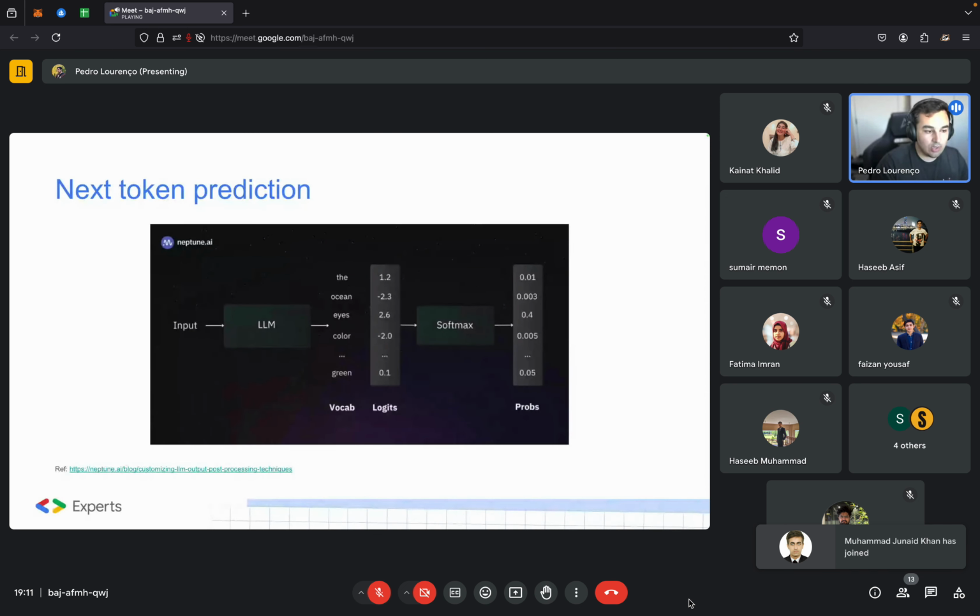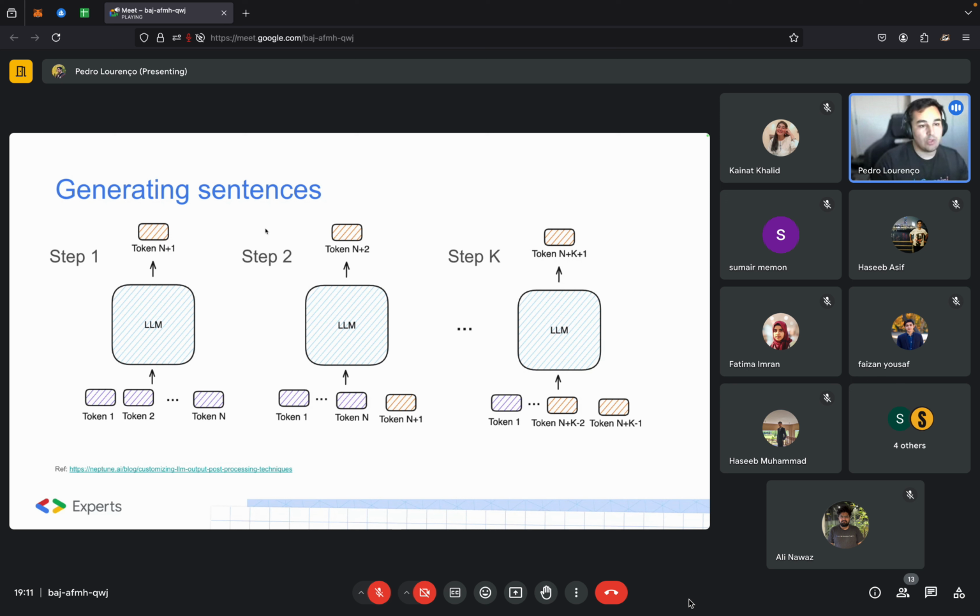But usually we are not interested in a single token, we want to generate sentences. And how do we generate sentences using large language models? The idea is very simple. You basically replicate the same idea of predicting the next token through a lot of different steps, but every time you predict a new token, you concatenate this token into your input.